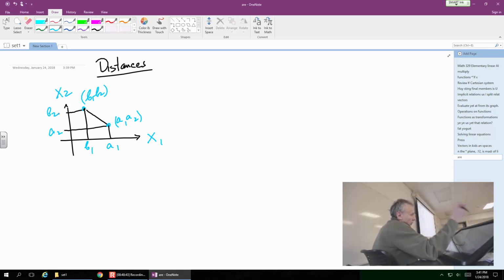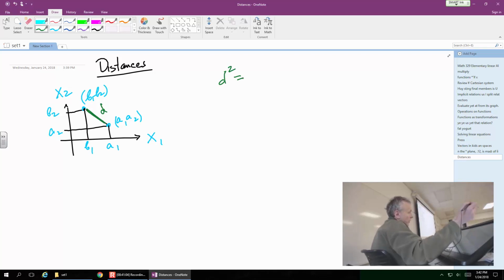So anyway, back to the distance formula that we already did once. This is the distance we're interested in, based on the correspondence with the Euclidean distance on the plane. We know how to measure it like this, and we have expressed this distance in terms of the coordinates with the Pythagorean theorem.